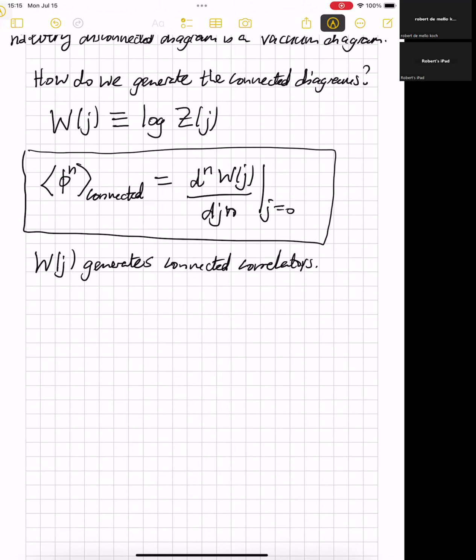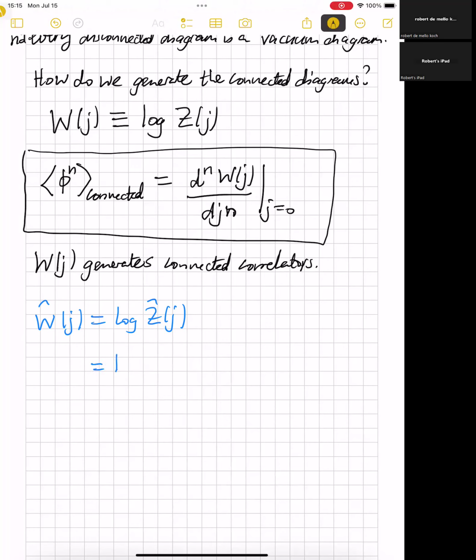Z hat of J will generate all Feynman diagrams that are not vacuum diagrams. So Z hat of J will not include vacuum diagrams. Z of J does. What if we decided to define W hat of J, which is equal to the log of Z hat of J? How do the Feynman diagrams generated using W hat agree or disagree with those generated using W?